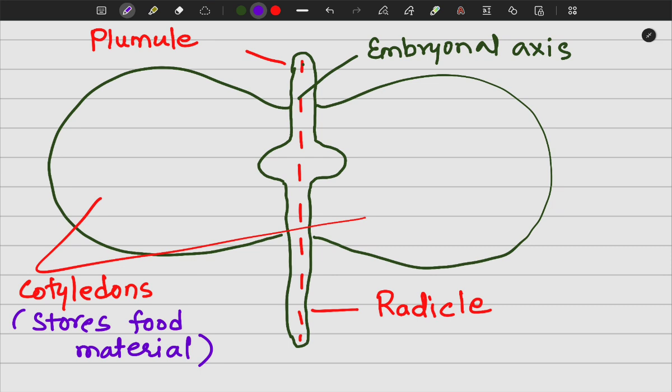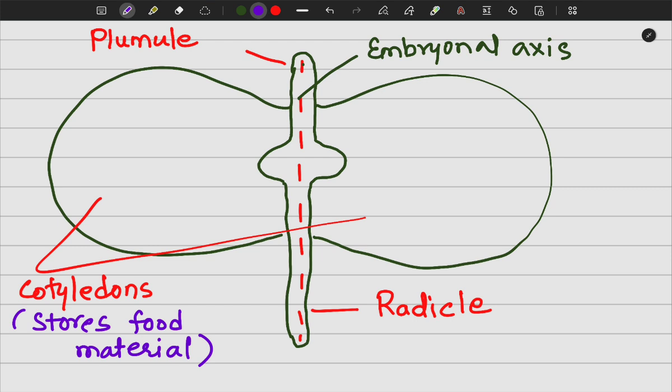And that endosperm nourishes the developing embryo inside the seed. So when that embryo consumes the endosperm, that consumed endosperm is converted into these cotyledons. The stored food material comes from that endosperm. So I hope it is clear to you. Right?